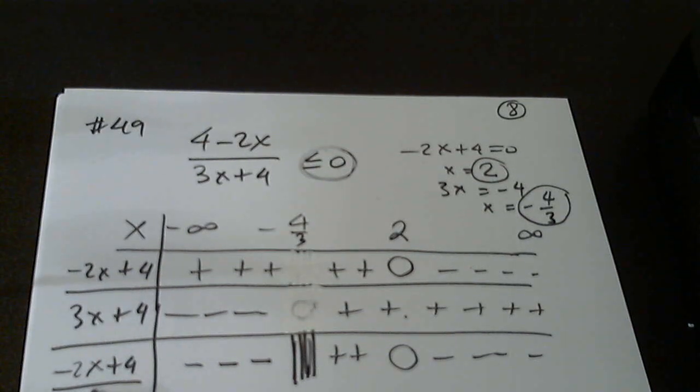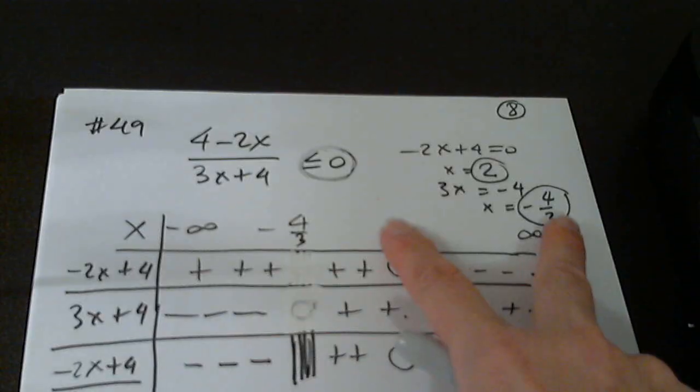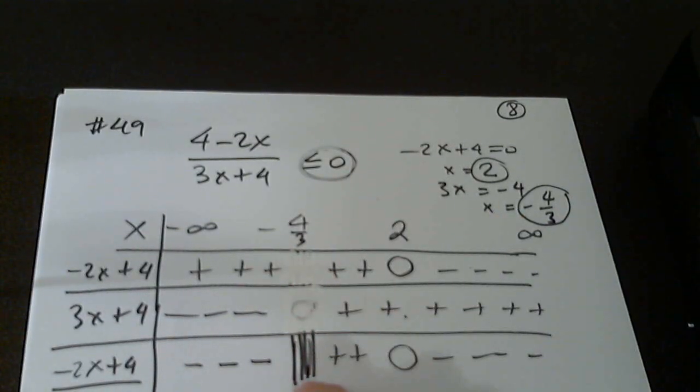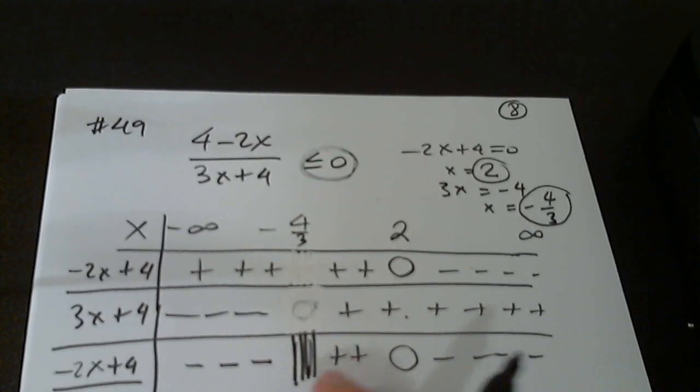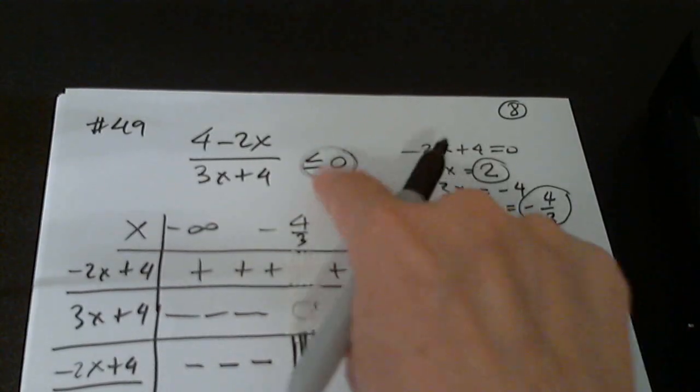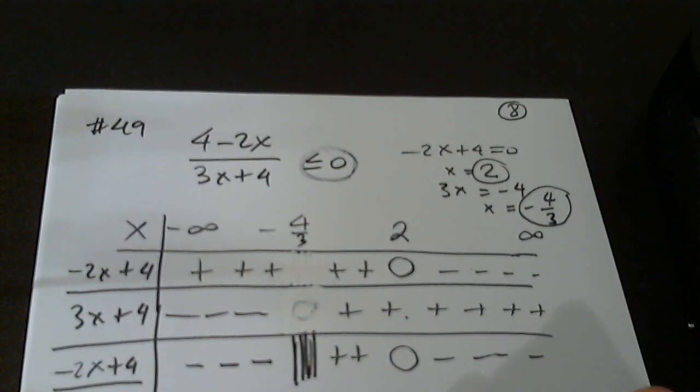Is the fraction ever negative? Yes, here and here. The equal symbol is there, but I cannot choose negative 4/3 because it's undefined. But I have to choose 2. So negative infinity to negative 4/3 with parentheses because it's undefined, but union 2 is included because it's 0, that's okay.